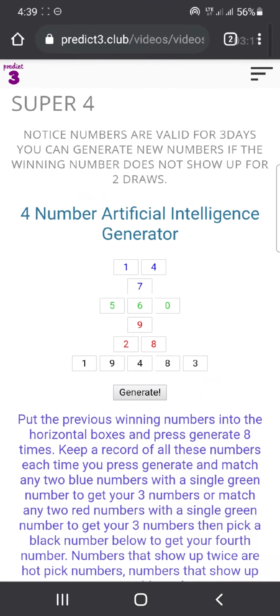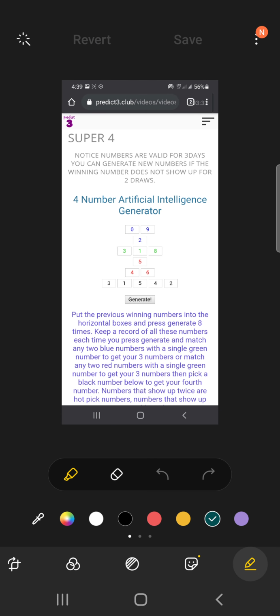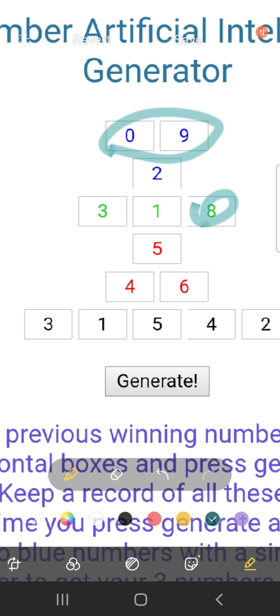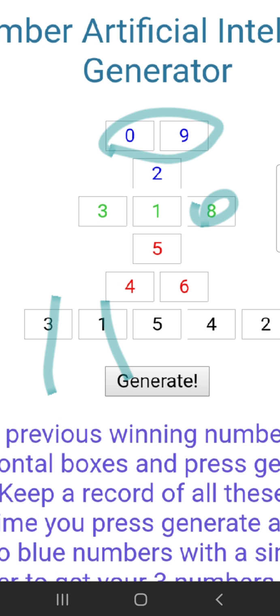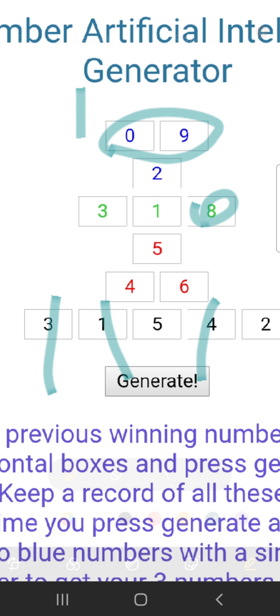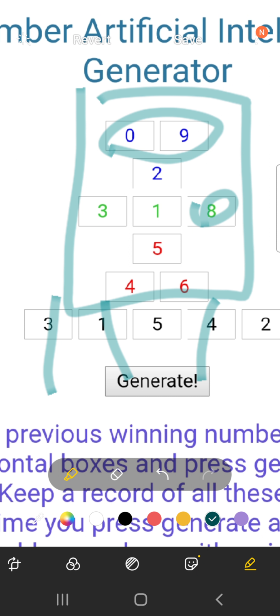Let's go back there and you will see again. I don't want to make this video that long. 3, 1, and 4. It's the same thing that you see in the first set of numbers I generated. So you focus on getting the numbers at the top first.